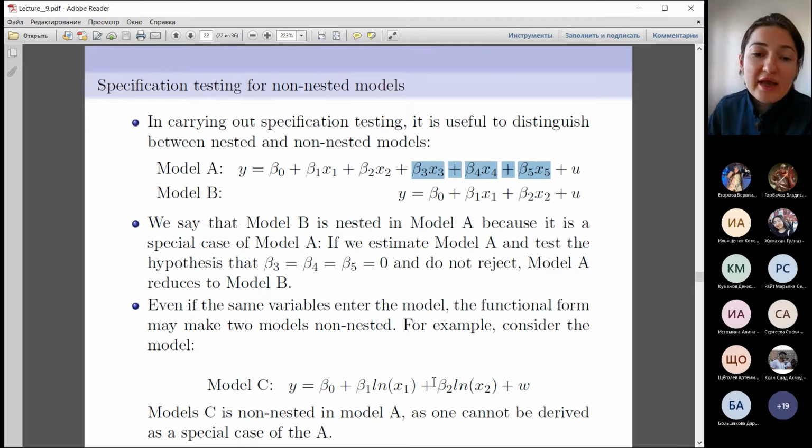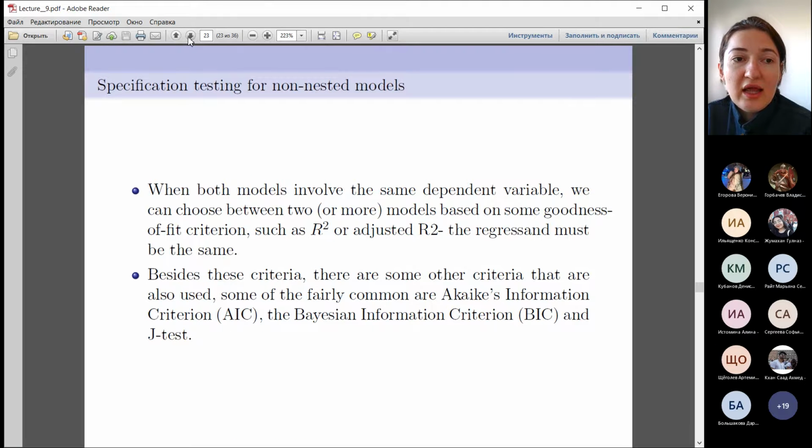We plug in x1 and x2 after we use the logarithmic form of x1 and x2. So we can say that model C is non-nested in model A. Because of this, model C, of course, is not a special case of model A. So this is the difference between these two definitions.